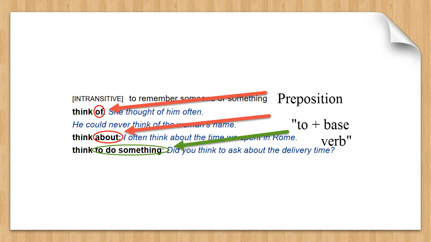So here the word think can be followed by a preposition, both of and about. But you can also see that it can be followed by the to plus base verb pattern. So we realize that each word could have more than one pattern. This can get very complex and tricky, so it's important to go to a good dictionary if you want to make sure you're using any word properly.